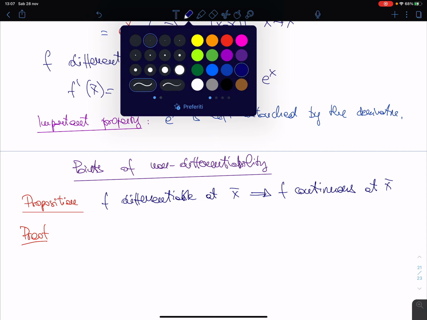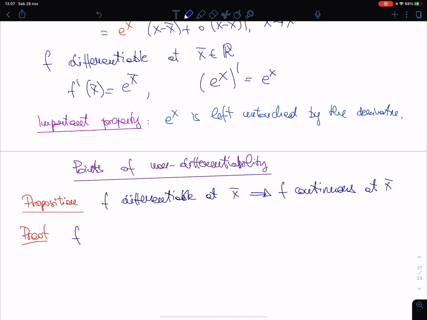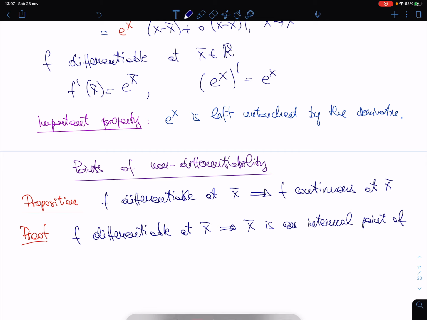So as a forward, if f is differentiable at x bar, then by definition of differentiability, x bar must be an internal point of the domain of f.